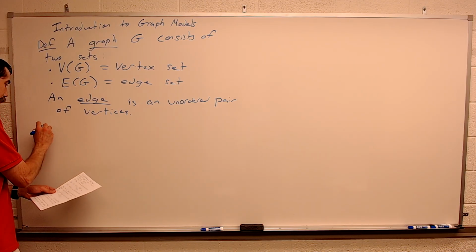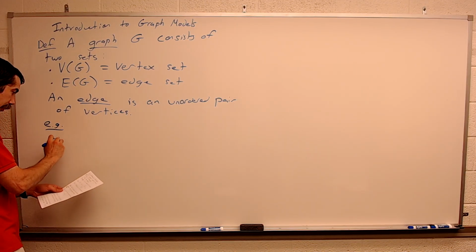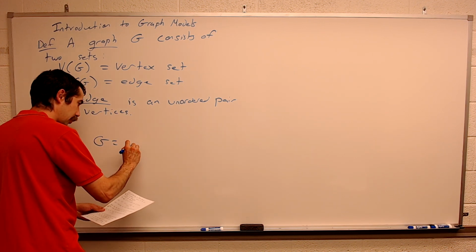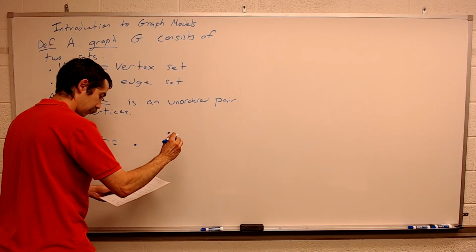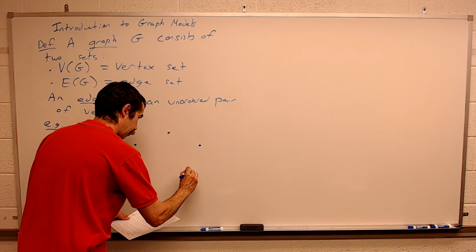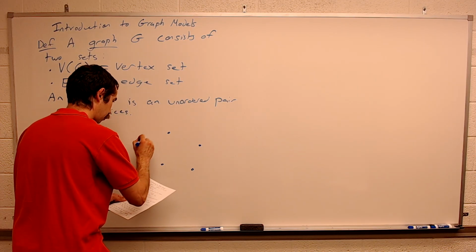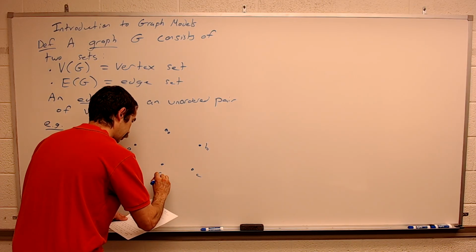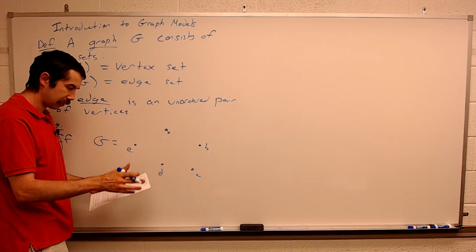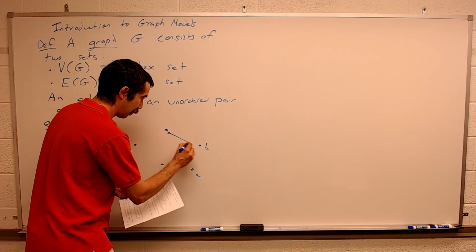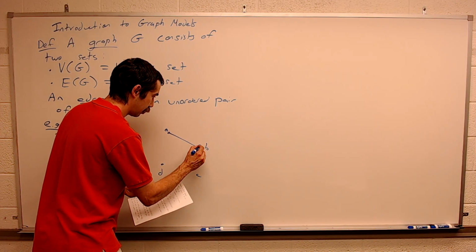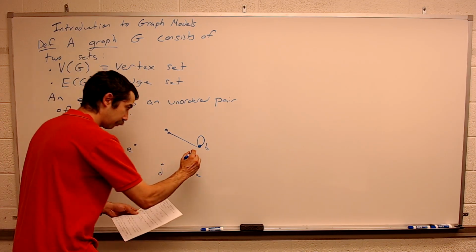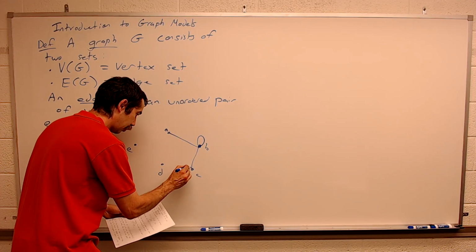All right, so for example, if our graph is the following, so this is A, B, C, D, E. These are our vertices, and maybe there's some edges. So here's an edge. That's an edge. Here's an edge.